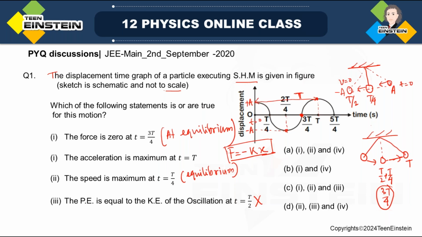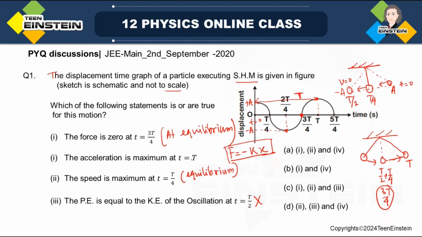So at this position at t equal to T, it has maximum displacement, and it will be acted upon by maximum restoring force. So the acceleration is maximum at t equal to T.